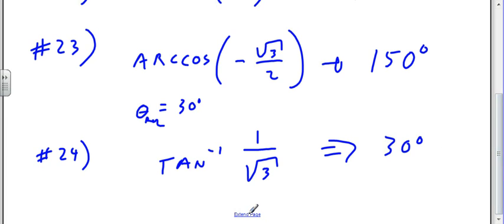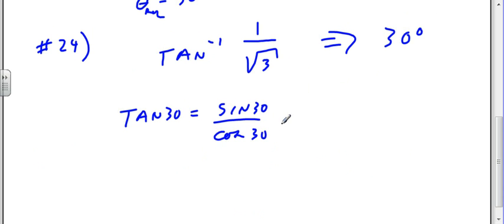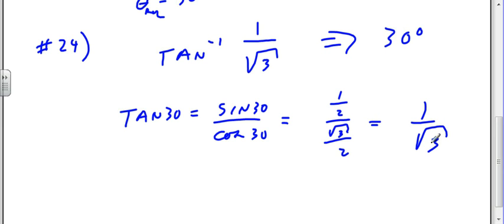Again, memorizing the unit circle at this point would be a really cool thing to have, but the tangent of 30 degrees is equal to the sine of 30 over the cosine of 30, right? And this is 1/2 over the square root of 3 over 2, which becomes 1 over the square root of 3. Okay, so from that we remember that 30 degrees is correct.